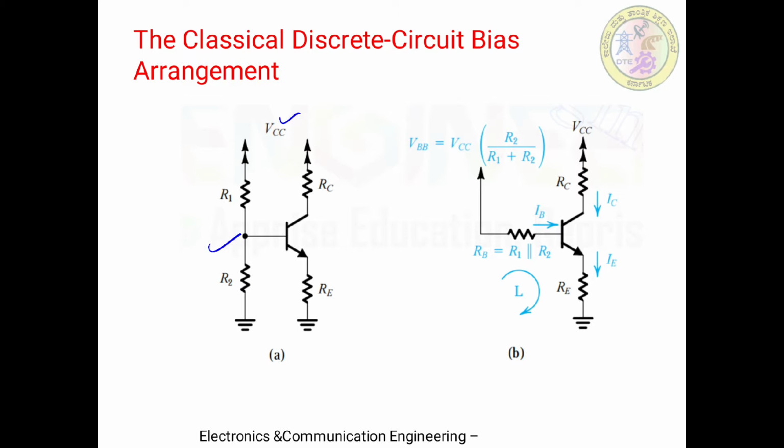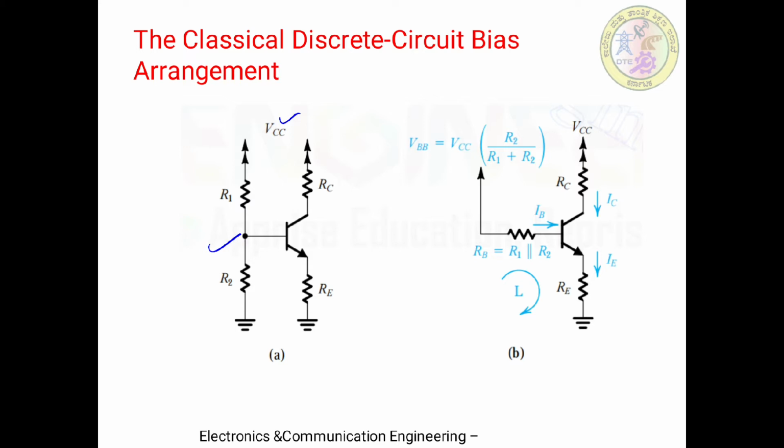This is known as the Thevenin's equivalent circuit at the base. Whatever the R1 and R2 connection is, that can be replaced here by a single resistor RB, so RB is equal to R1 parallel to R2. Now RC and RE are as they are. IC is the collector current, IE the emitter current, and IB the base current.